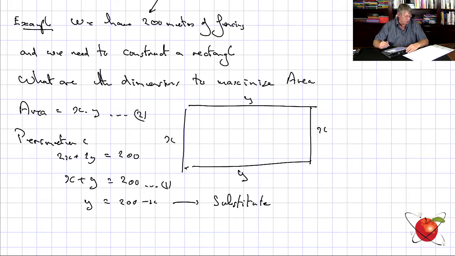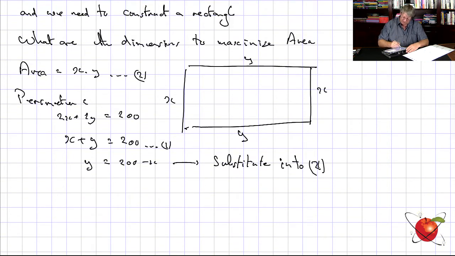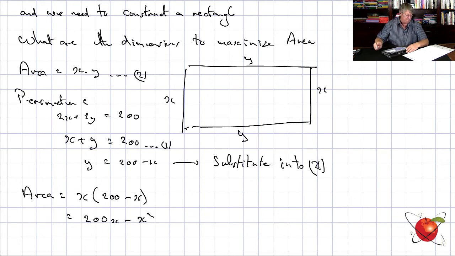So we do a substitution into equation 2. So we then get area is equal to X times Y, and Y we can say is 100 minus X. So that is going to be equal to 100X minus X squared.